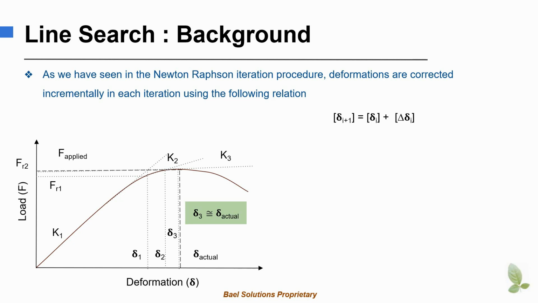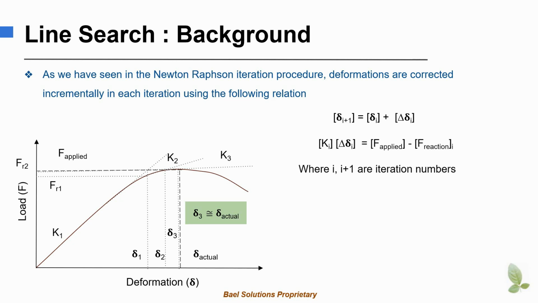Deformation delta at the start of the next iteration, i plus 1, is equal to deformation at the start of the present iteration, delta i, plus incremental deformation, delta delta. Incremental deformation, delta delta, is calculated using the following relation.